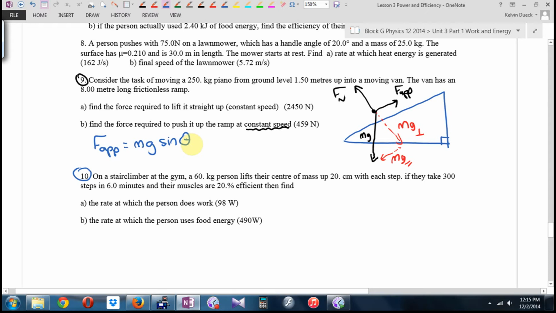Is that okay? Do I know m? Do I know g? Do I know the angle? No. Because you know what they told me? They told me how long the ramp is. How long is the ramp?